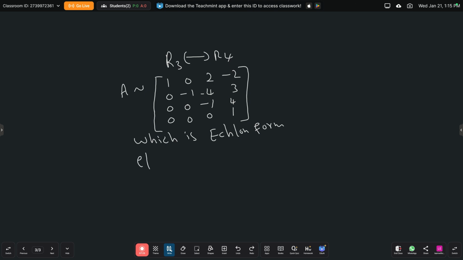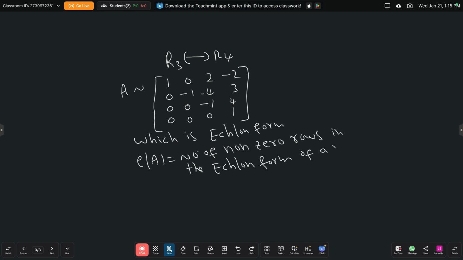So rank is equal to the number of nonzero rows in the echelon form of a matrix. Here the number of nonzero rows is 4, so rank of A is equal to 4.